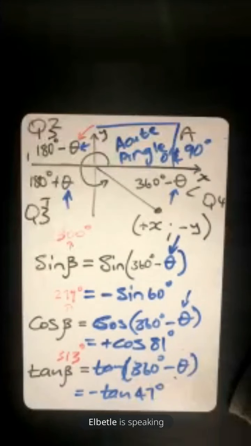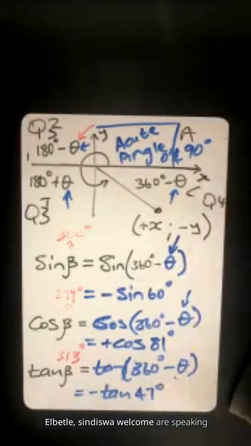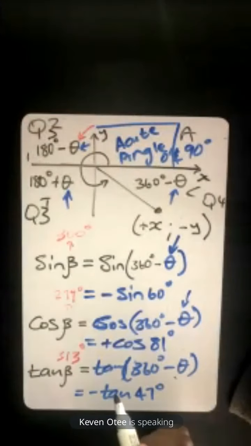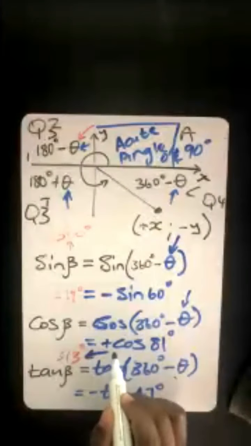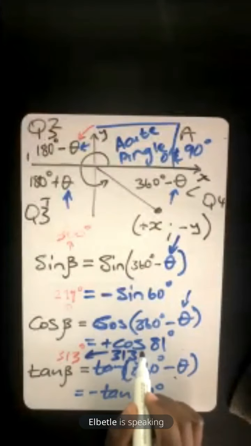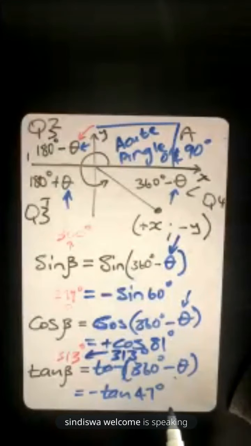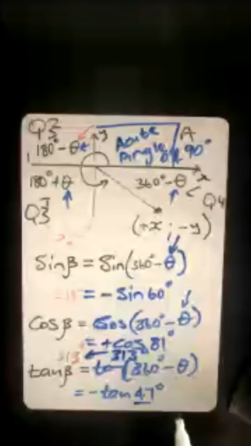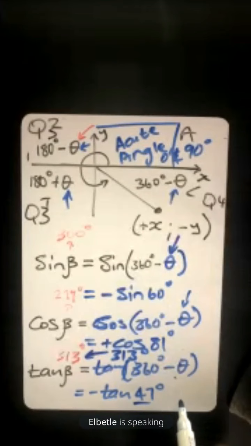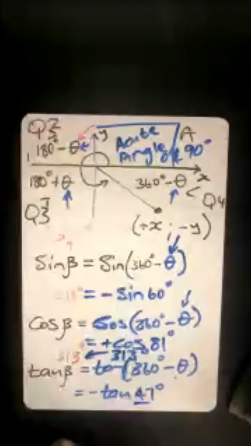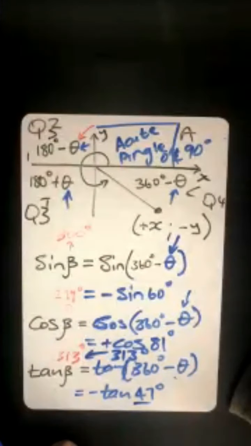Isn't the angle 313, like 360 minus 313 is going to give us 47? Oh, sorry, yes guys, I thought it was 330. Okay, so 47 is correct, 313. Yes. Okay, 100%.